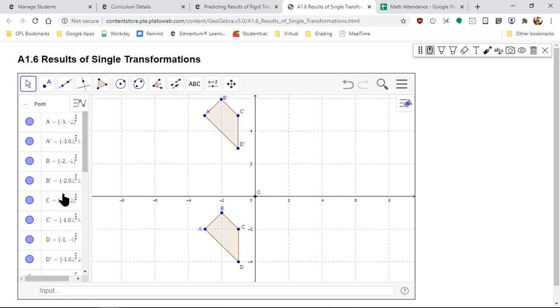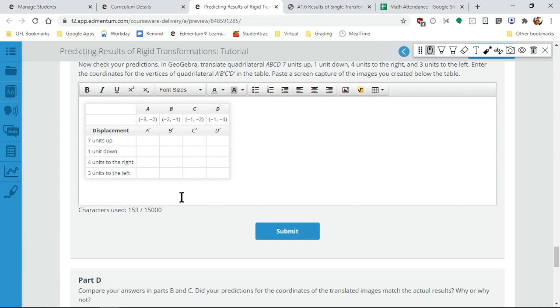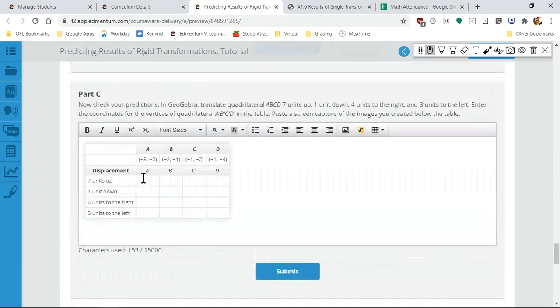And the reason why I mentioned I don't like this is if you look here, I didn't go up an exact 7. I went up a little bit off, and you can see that the points don't really match up. So you can write down the decimals here.